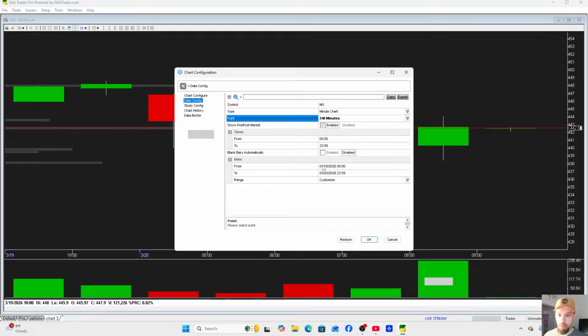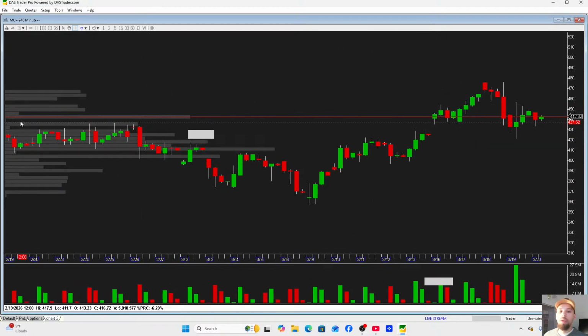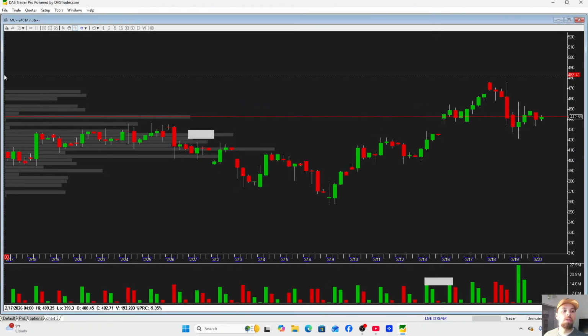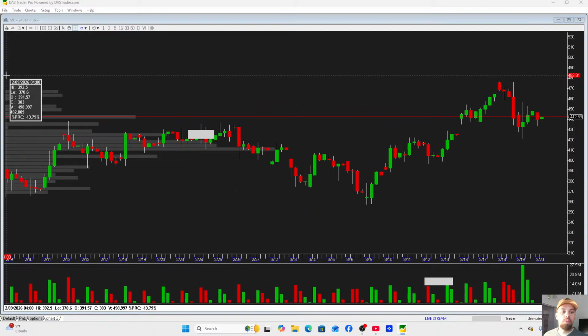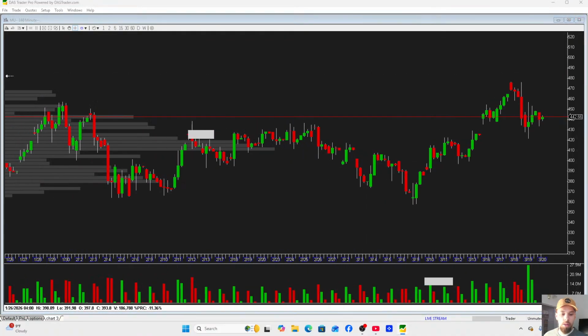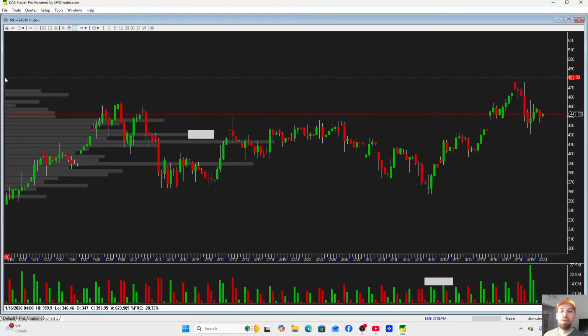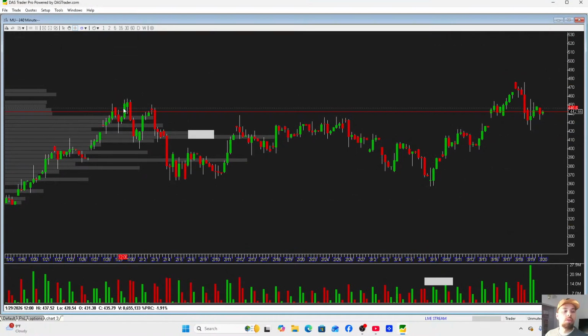Let's try that. Okay, so 240-minute chart. Zooming out here. I have to click that a lot. So 240-minute chart, 4-hour chart here.